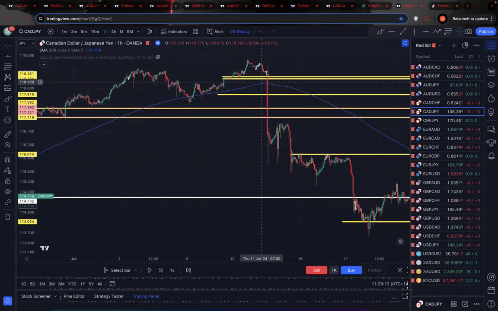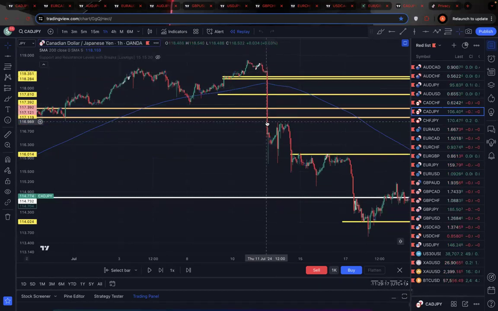So look at it, it fell down like this. This was actually caused by news on JPY. One of those news here.